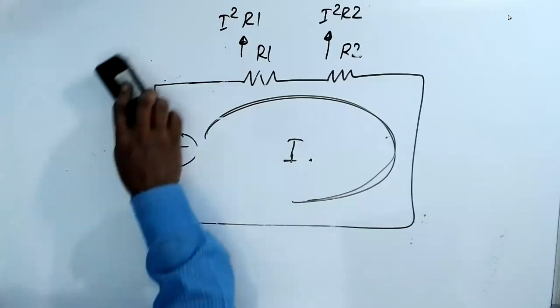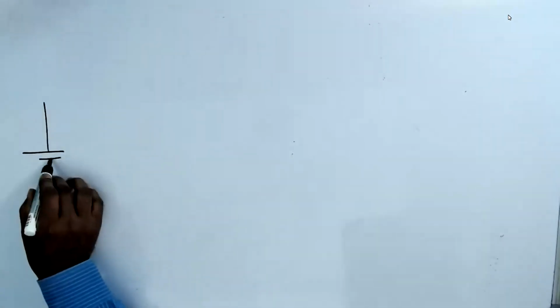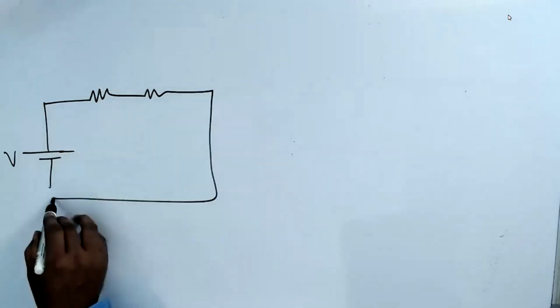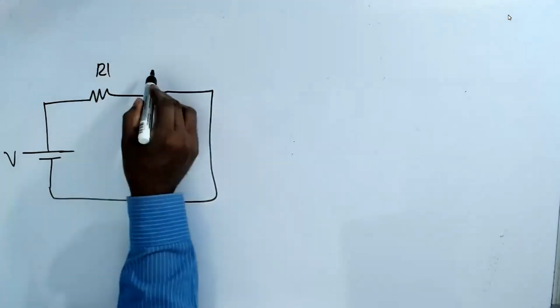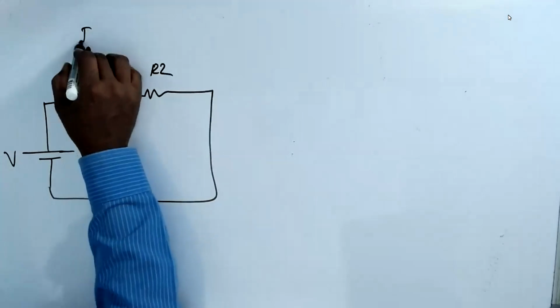Now I draw it here in such a way that I can draw one more circuit there, and you'll understand. I have a voltage source and resistors. This is R1. This is R2. The power produced by this is I square R1.